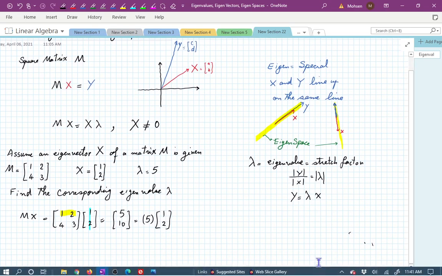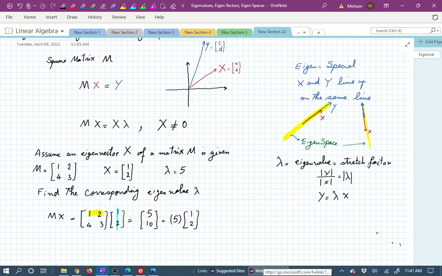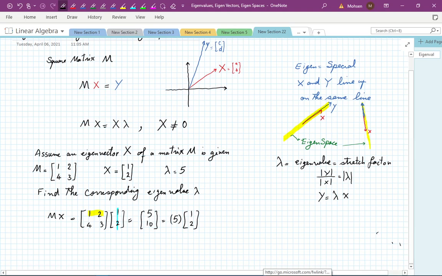The vertical rollers in OneNote do not behave as supposed to, but anyway, let's do this in reverse. We want to do this thing in reverse.